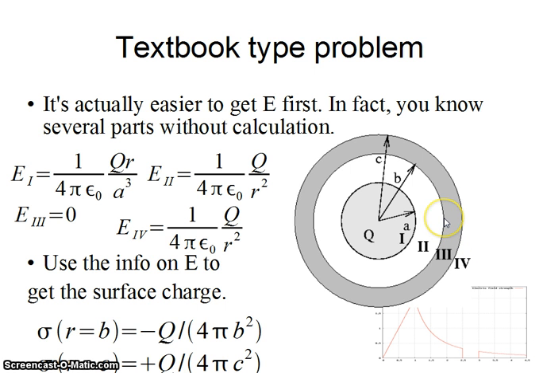because even though there's a finite surface charge density at r equals b and r equals c, the volume charge density on this infinitesimally thin surface would be infinite. So I don't have to worry about continuity of the electric field.